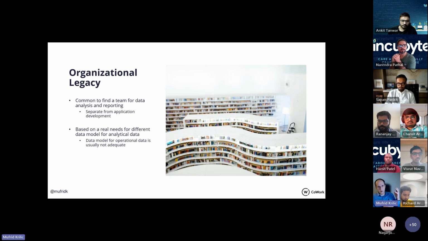When we want to provide data insight for business stakeholders, the data model for operational data is usually not adequate, also because the operational data is very much transactional and state aware, not what analytical needs are centered around.